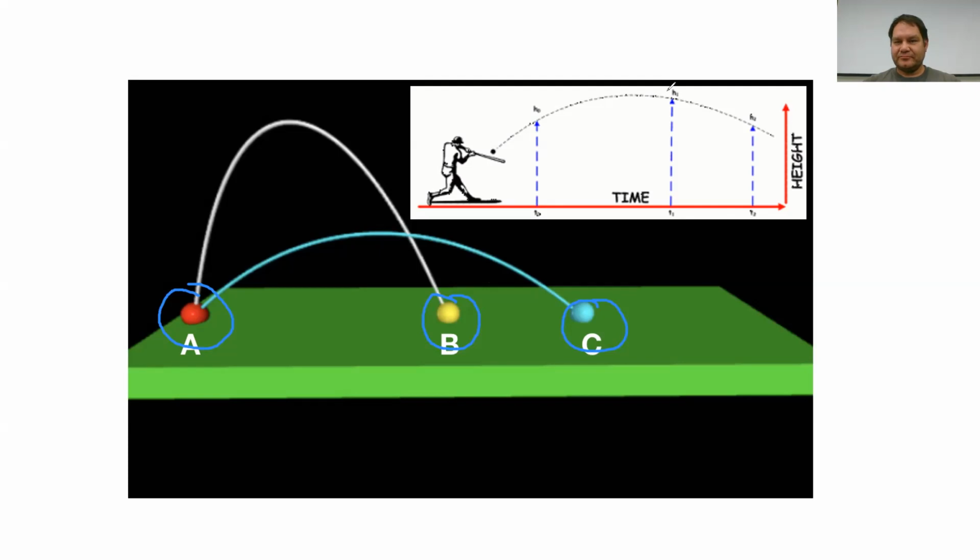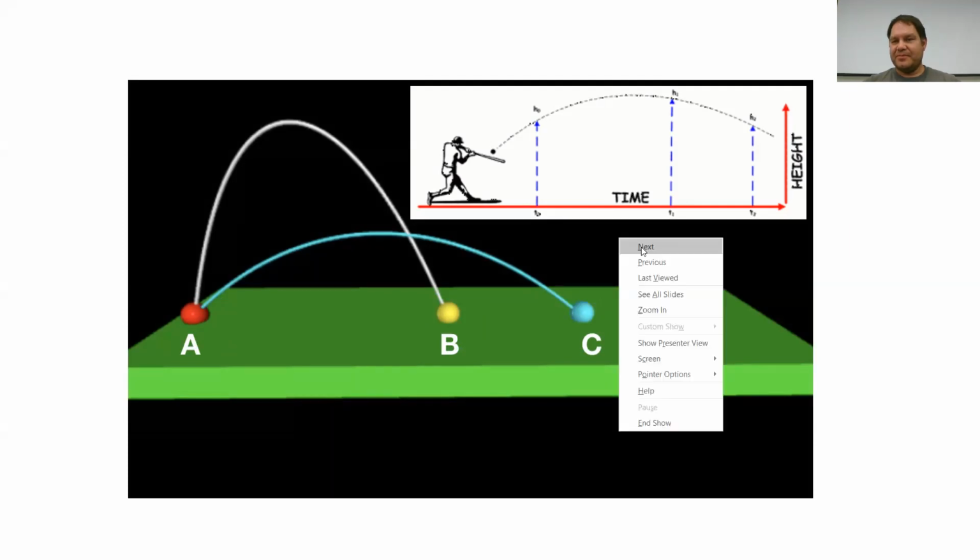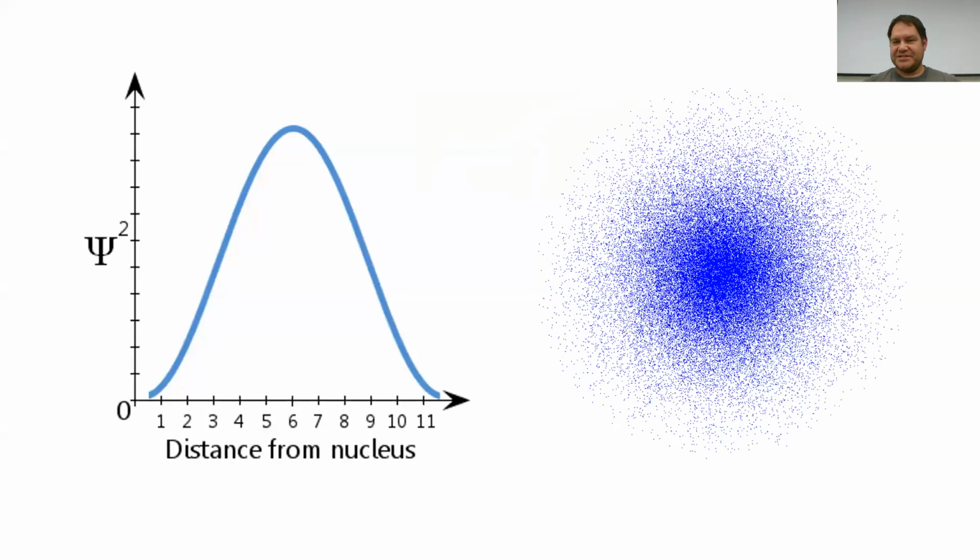Instead, the best that we can do is make a probability prediction. In other words, we're going to use what is called the wave function that Schrodinger developed. And the result of that basically gives us a general, probable idea of where the electron might actually be in the atom.